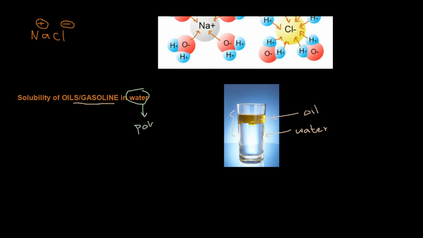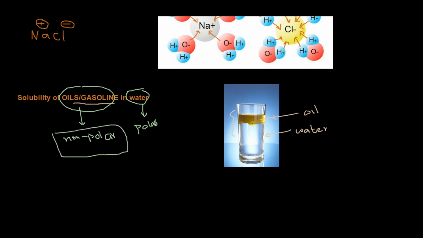Water molecule is polar in nature, while oil or gasoline, petroleum products, are non-polar in nature. As we have discussed earlier, like dissolves like. Since gasoline, oil or petroleum products are non-polar while water is polar, they will not dissolve in one another and you will get a separate layer from both of them.